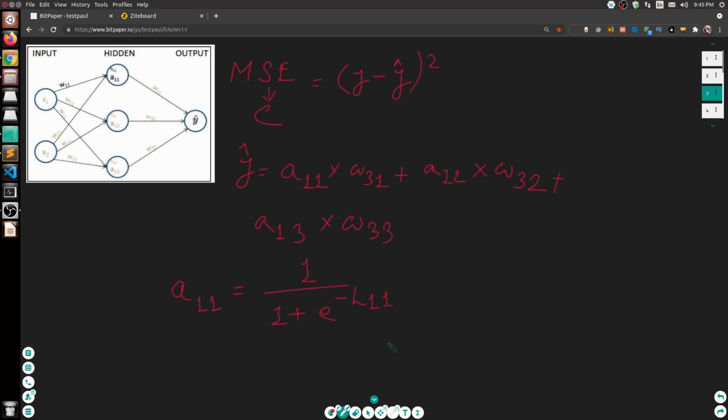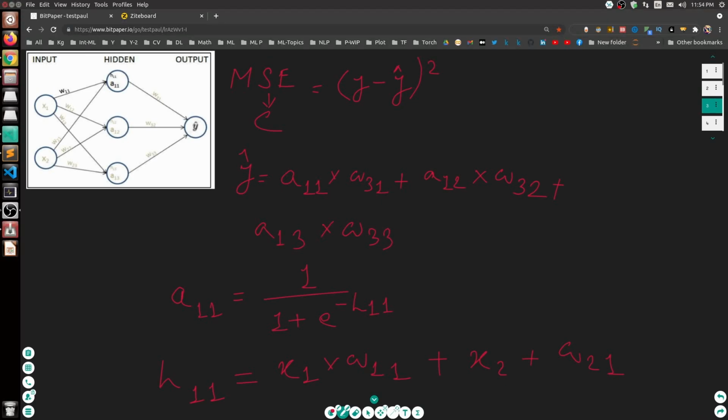That would be the weighted sum, again, h11 equal to x1 into w11, because my h1 is being fed by these two weights, w11 from here and w21 from here. Okay, x1 into w11 plus x2 into w21.